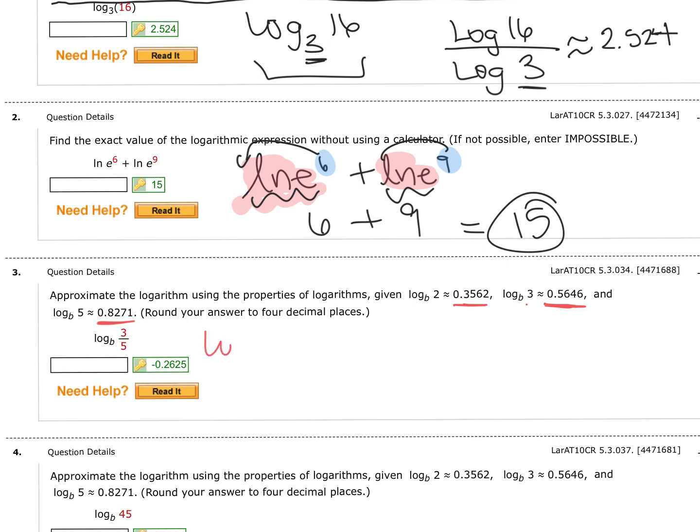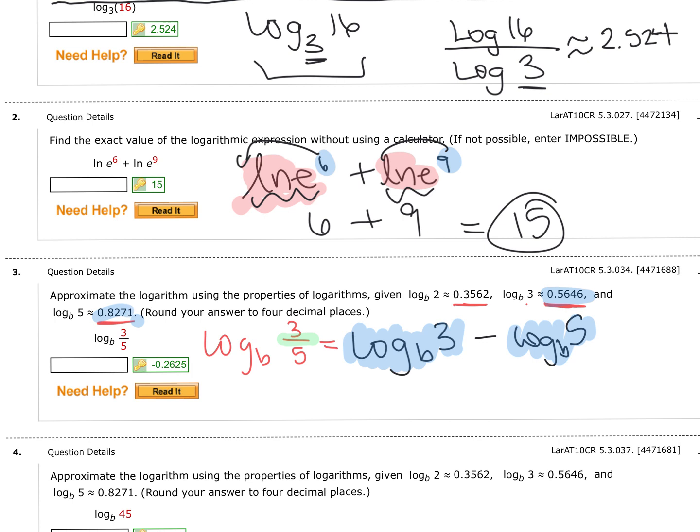So if we're trying to find the log of 3 over 5, since it's division here, I will use subtraction. So the difference of logs. So I would have the log of 3 base b minus the log of 5 base b. And then I'm going to replace this with what is given, and I'm going to replace this as well with what is given.